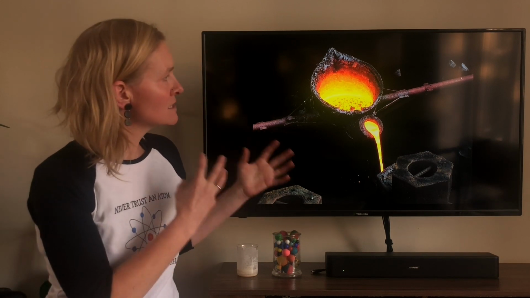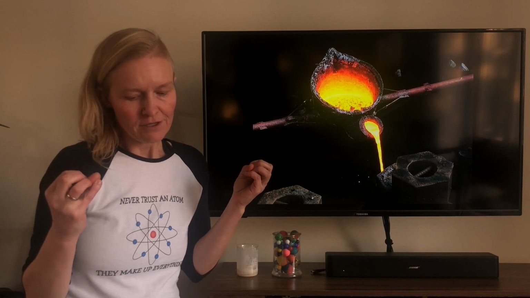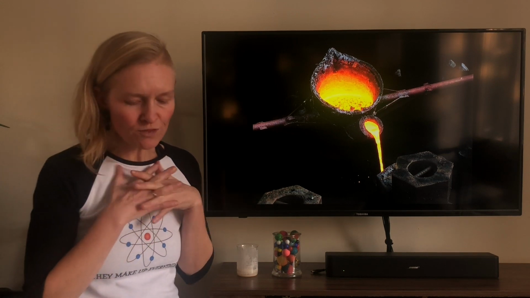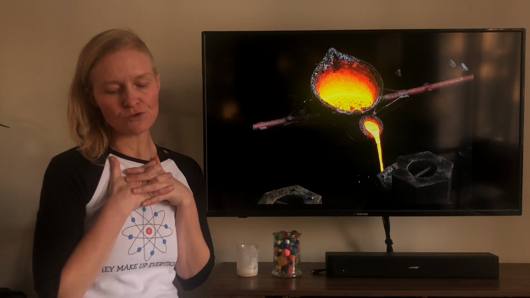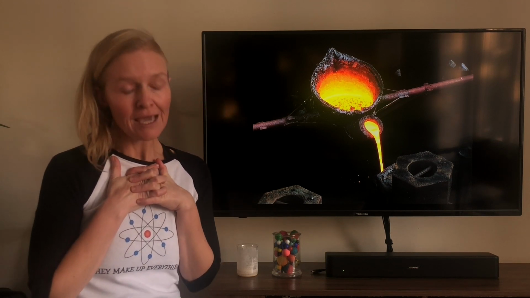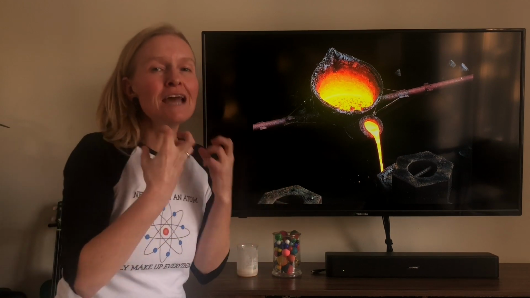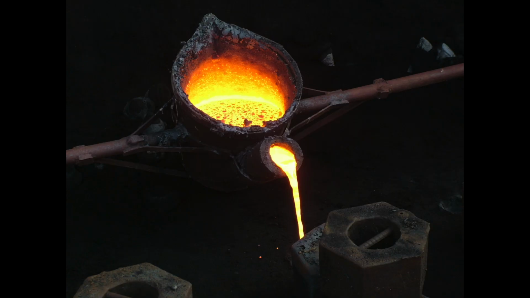Now, if you took this liquid to a point where you could actually get it to boil, you would have to heat it up to 4,982 degrees Fahrenheit for it to reach its boiling point. And at that point, this iron would have enough energy to escape and become a gas.